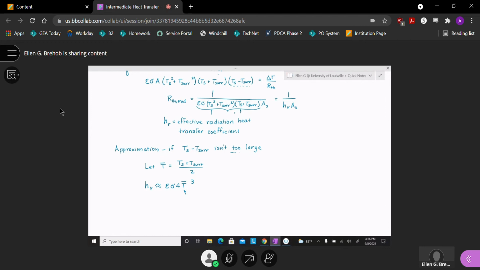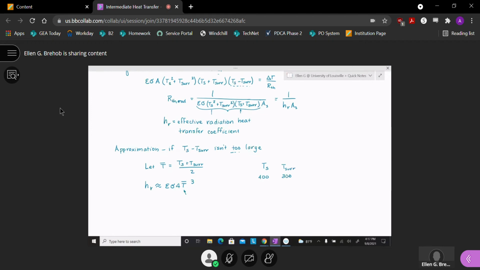So, I put a little chart in my notes, and I have the students do a homework set on this, and we'll see if I did this. But let's say I have T_s at 400 and T surroundings is 300. Okay, so 300 you would think is kind of a standard temperature of the walls in my office or a building.